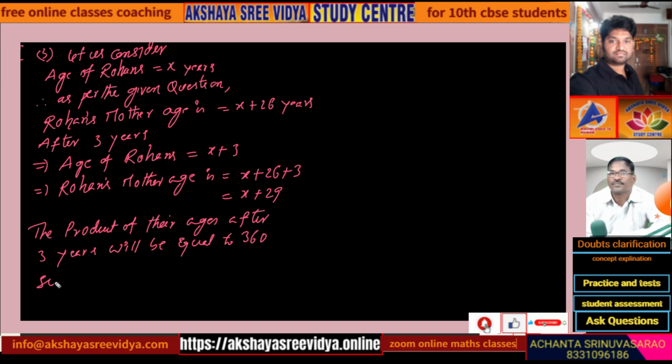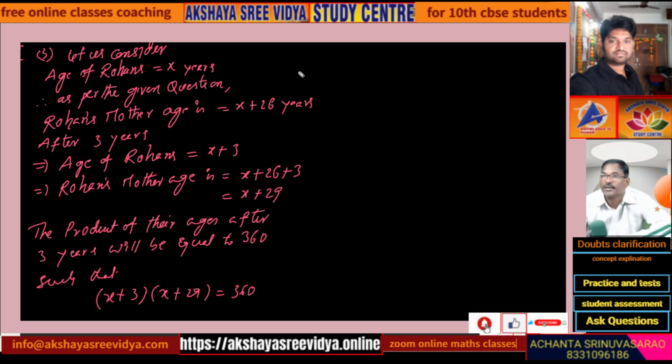That is, x plus 3 into x plus 29 is equal to 360.